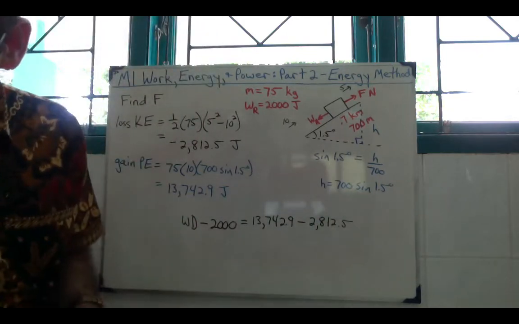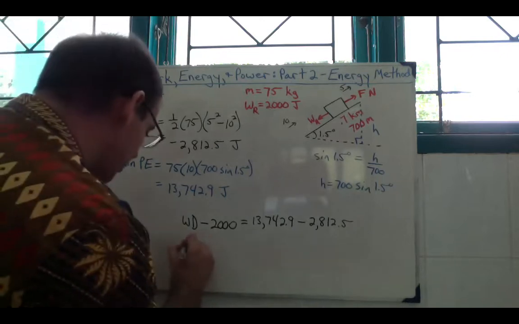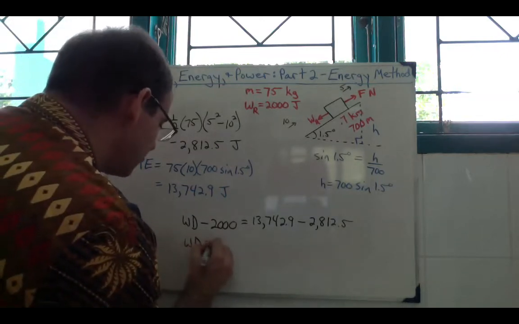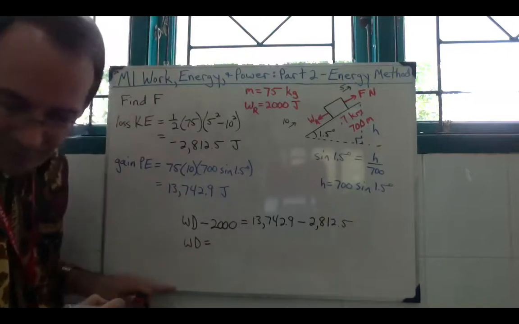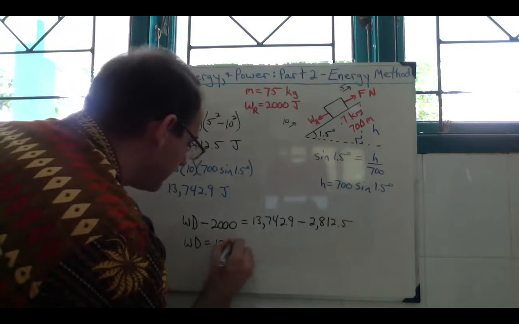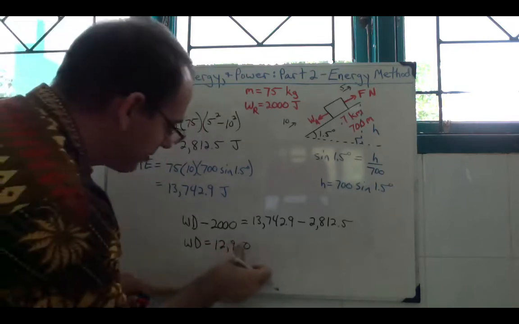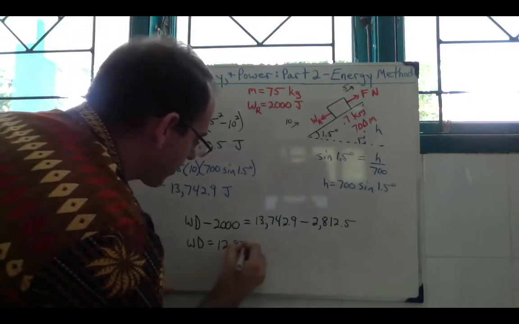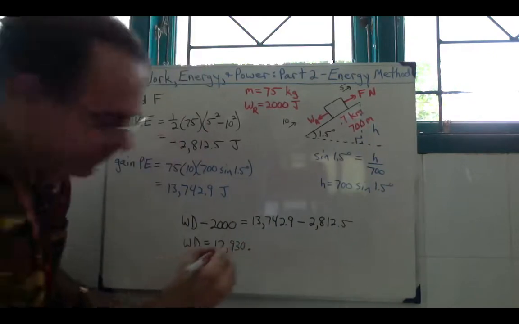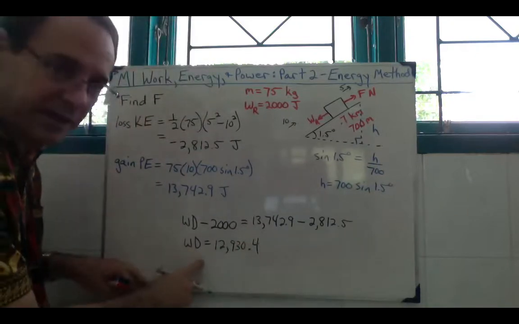And so when we work that out, we get our work done by the driving force comes out to 930.4. Now remember, this is work done by the driving force.